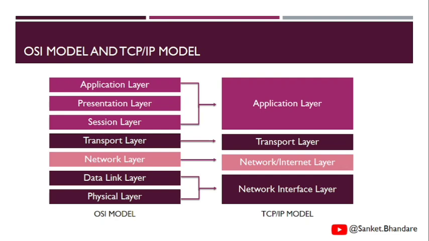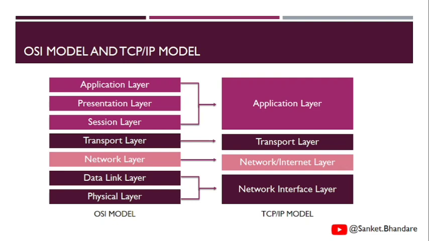As the name itself suggests, presentation layer is responsible for presenting your data in a standard format. So your input data, which is nothing but iPhones in our case, is presented or formatted in such a way that the receiver can understand. The receiver is nothing but Amazon.com, or Amazon server, in our case.